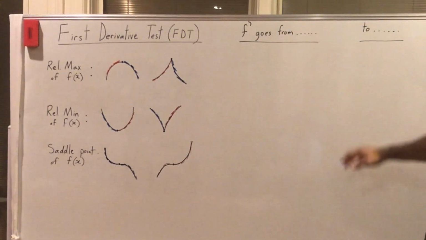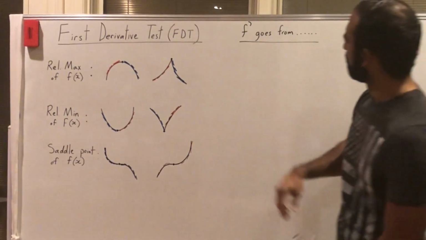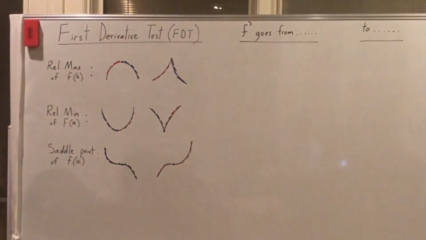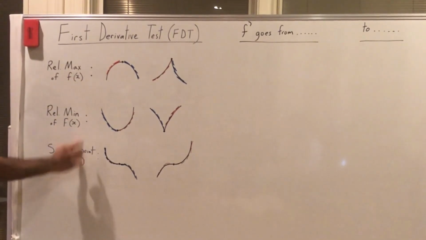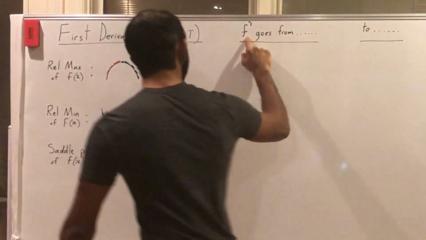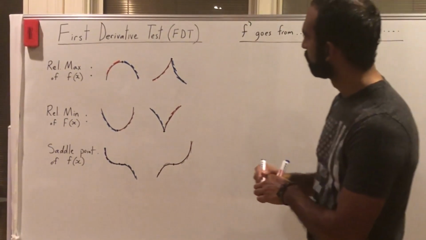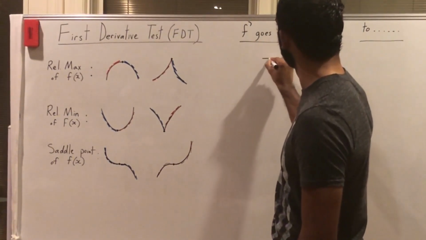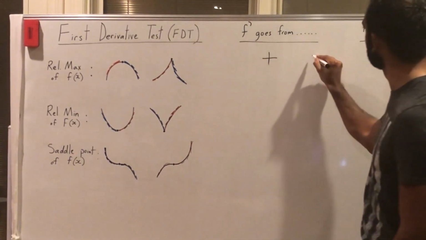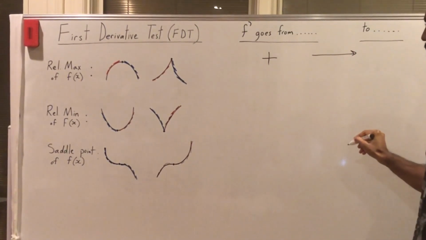So we can summarize that here in this nice little column. F prime, which is the slope, the derivative reports on the slope of our function. So here's plain old f, here's f prime. F prime, the slope, in the case of relative maxes, goes from being positive to what? Negative.